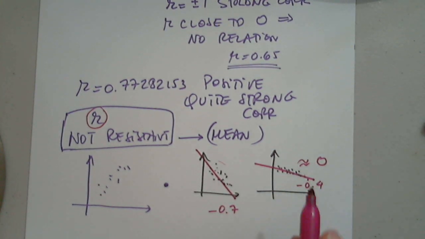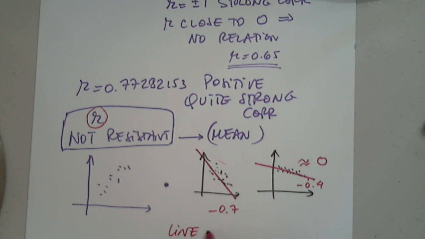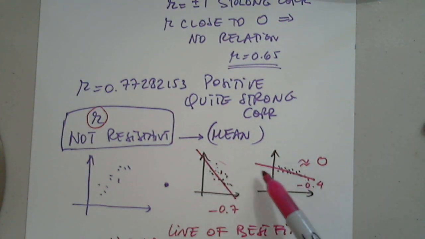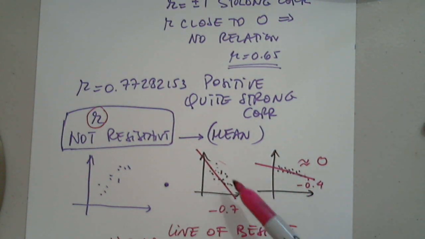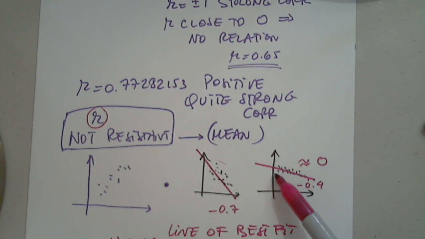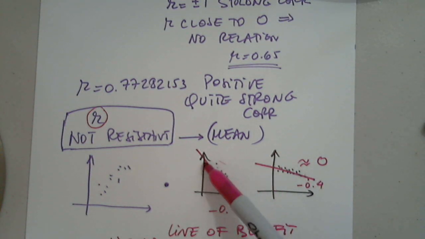No. Very good point. The line of best fit is called the linear regression line, that's the next step. I don't want to confuse you. I drew the linear regression line through these, but to me this was less steep than this.